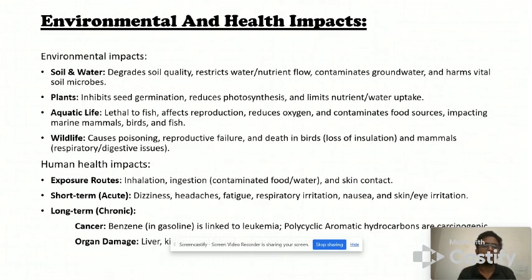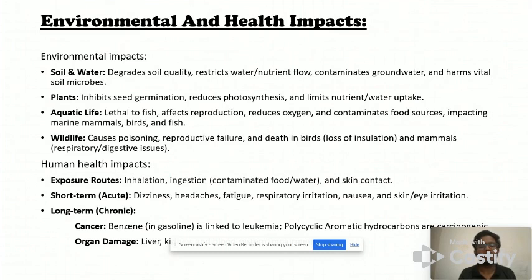And it is most lethal to aquatic life like fish, whales, and sharks. They are the most targeted in aquatic life. Then wildlife. They cause poisoning, reproduction failure, and death in birds and mammals.